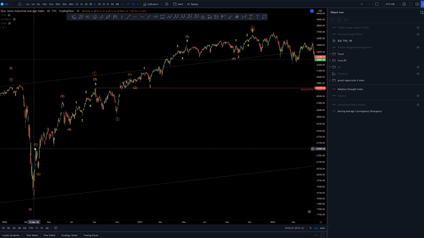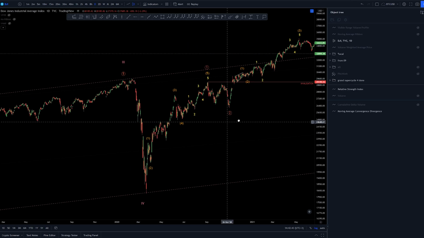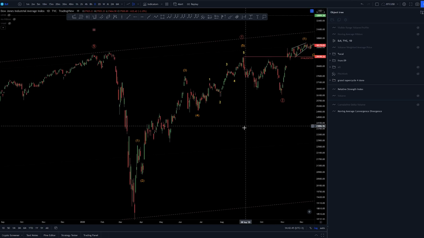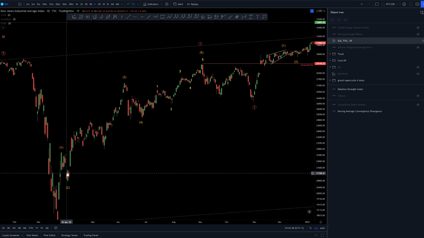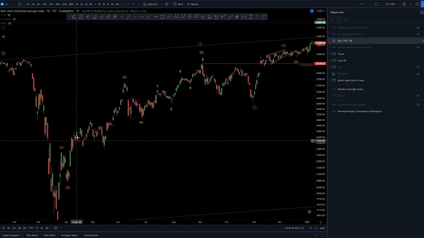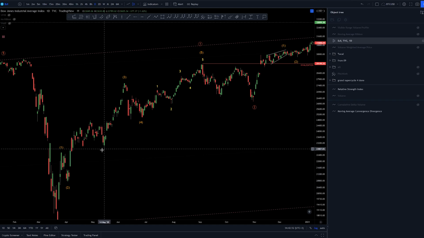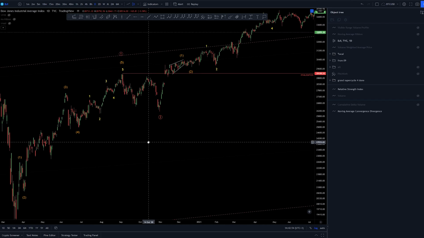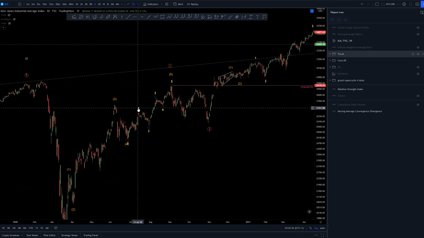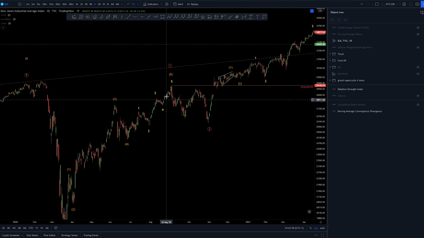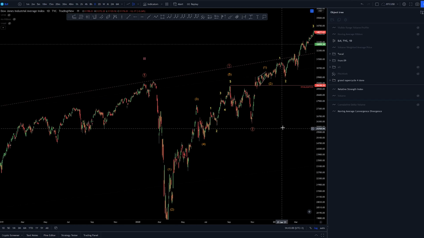But here I've placed this as 1, 2. This 3 is quite messy. It has to be said that this would be 1, 2 here, and somehow creating this 3, 4 and 5. After that point we can get a pretty nice 5-wave structure into the 5th, into the 1st of primary.